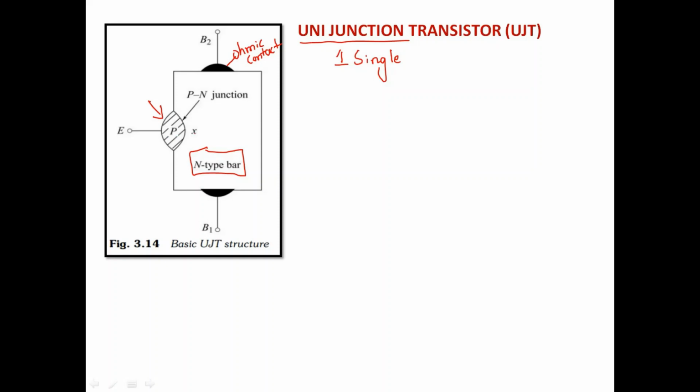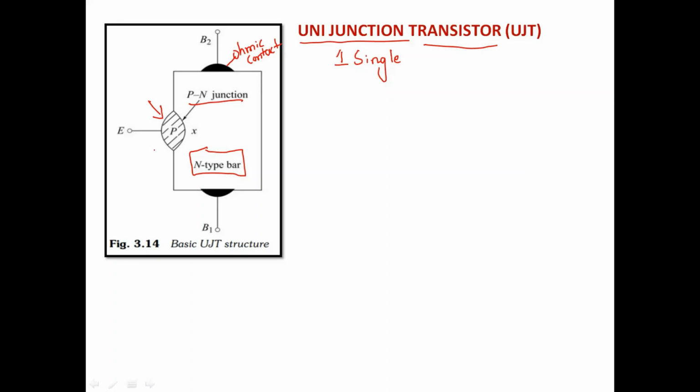When we interface P material to the N-type bar, it creates one barrier called the PN junction, which is a unijunction. A single junction exists from the emitter to the B1 layer, or emitter to N-type bar, we can say. So in this way, it is a unijunction transistor. There are three terminals in this device: B1 layer, B2 and emitter.